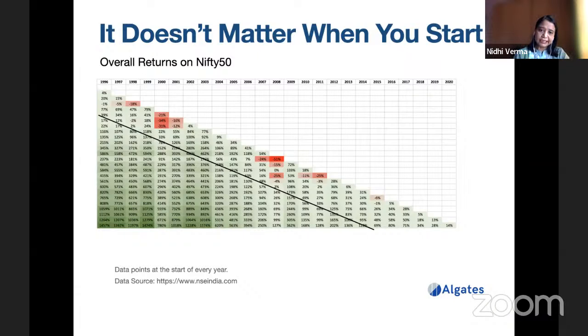If you see how the color pattern is showing the range in which your return varies, you see some red boxes here and there along the horizontal line, and as you move further down each column, it becomes greener and greener. So what it says is that if you stay invested in the market for a longer time, you don't have to do anything, the markets will do their own work, and returns will come to you.